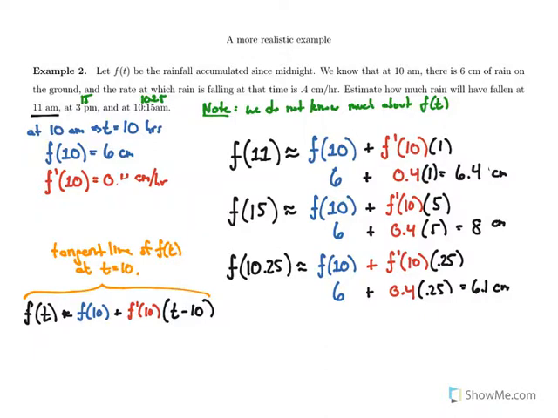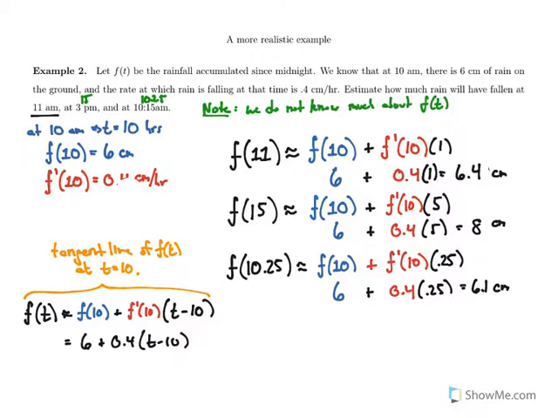In this case, we had 6 plus 0.4 times t minus 10. And this is a good approximation when our time is close to 10 a.m., and it's a bad approximation the further we get down the road.